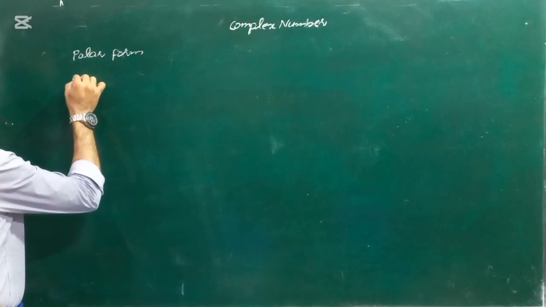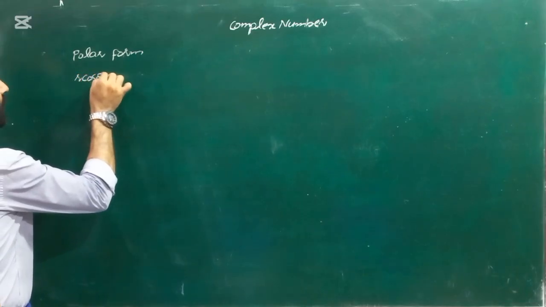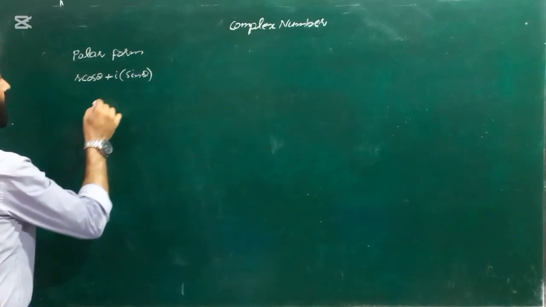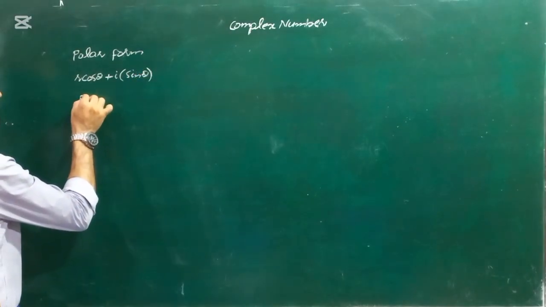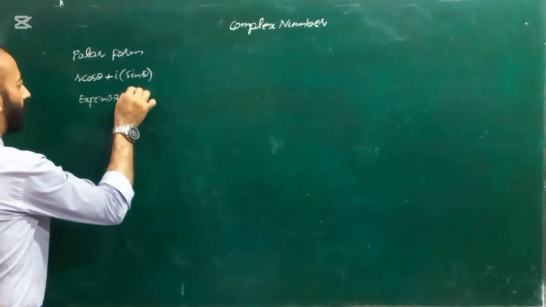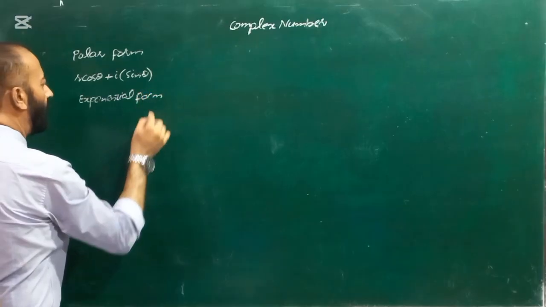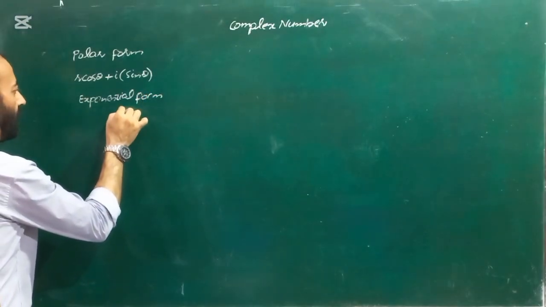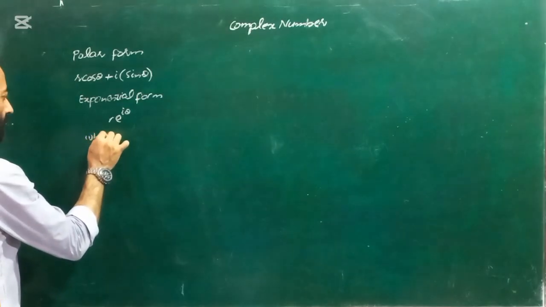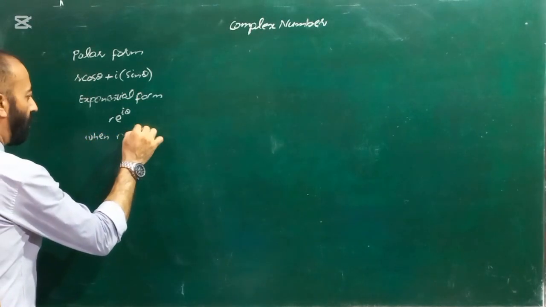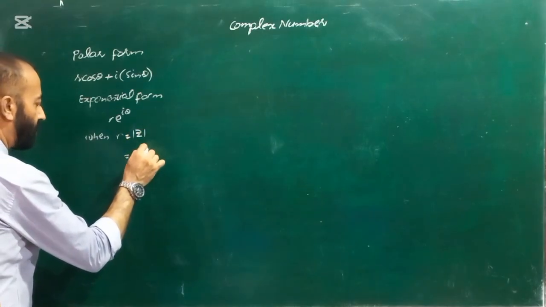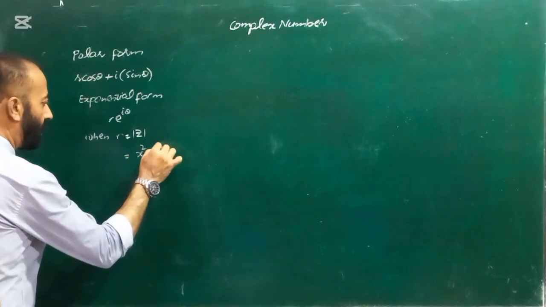Polar form is r cos theta plus iota sine theta, whereas the exponential form is r e^(iota theta), where r is z mod, and the formula for finding this z mod is the square root of x square plus y square.